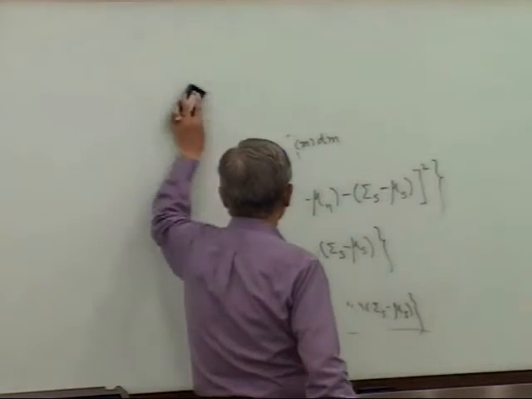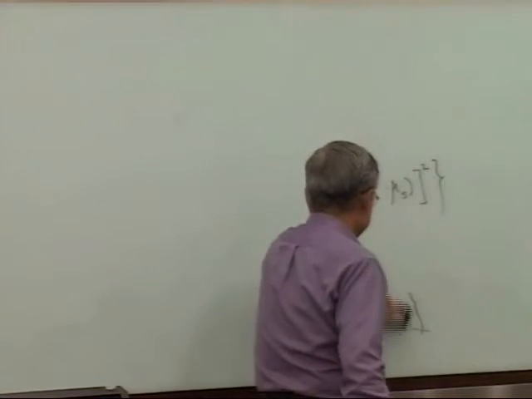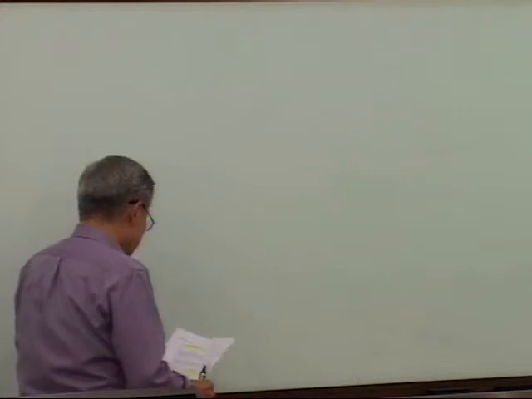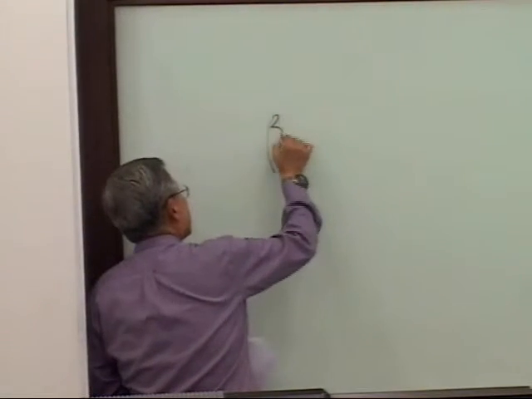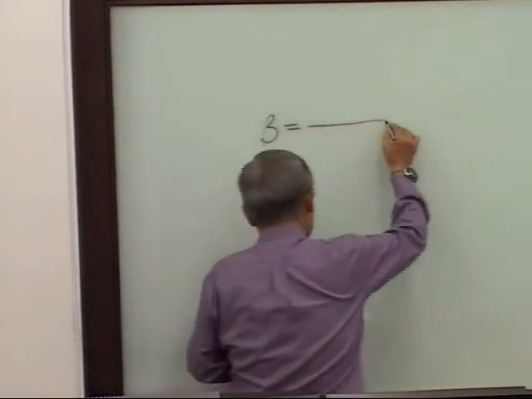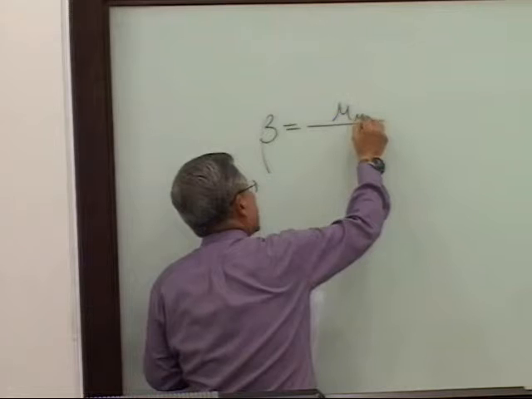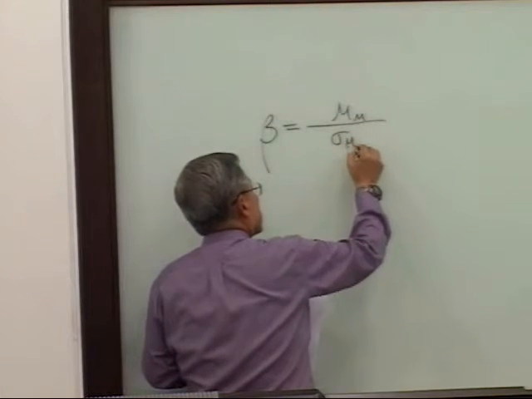Usually students derive the final equation set, and maybe they try to solve it after 1 p.m. Not 1 p.m., after midnight, 1 o'clock in the morning. Maybe that may be a problem. So beta is equal to mu m over sigma m.